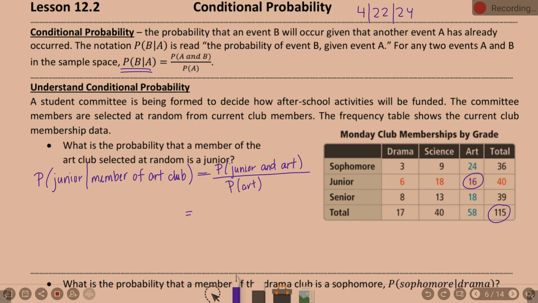So this is going to be 16 over 115, divided by the probability the student is a member of art club. Member of art club is 58 out of again the total of 115.